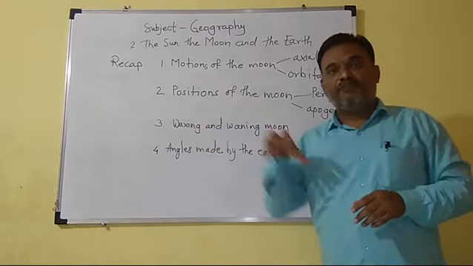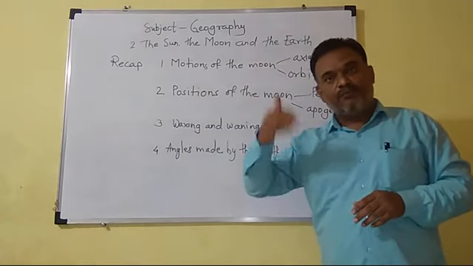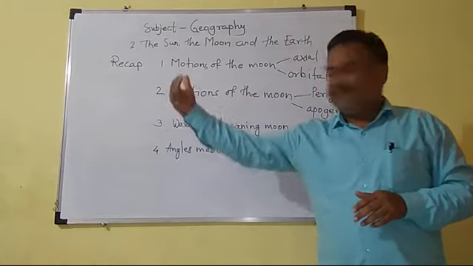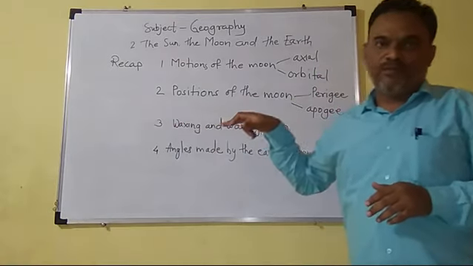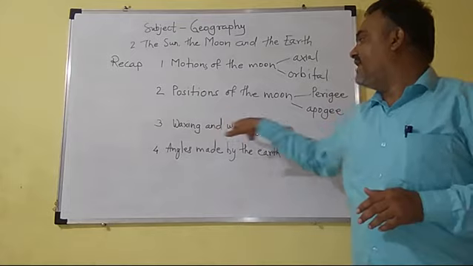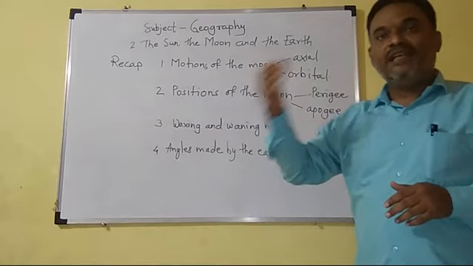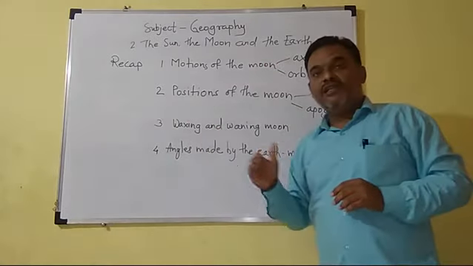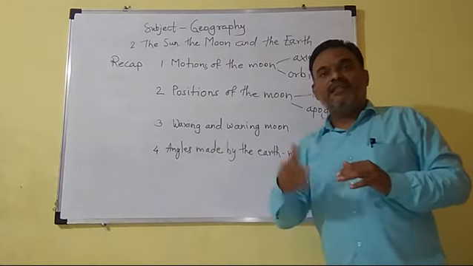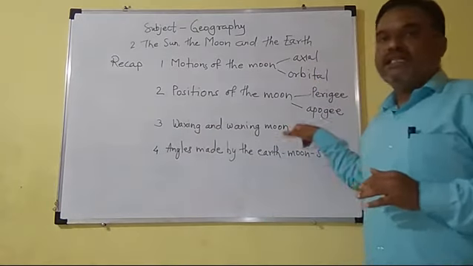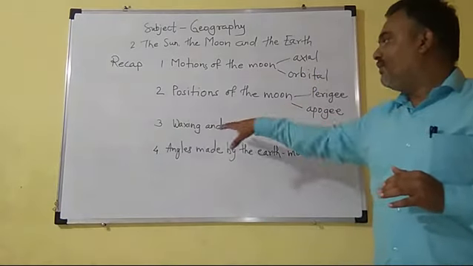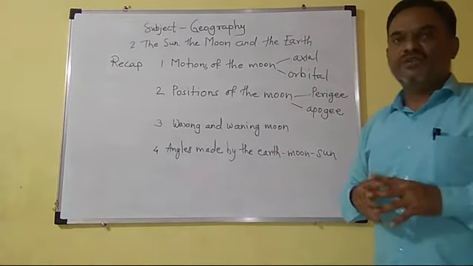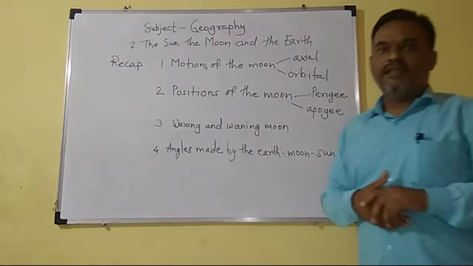In that period of 15 days, the shape of the moon goes on increasing, and that is called the waxing moon. And from full moon day to new moon day, the shape of the moon goes on decreasing, and that is called the waning moon. So we also studied phases of the moon under that topic.